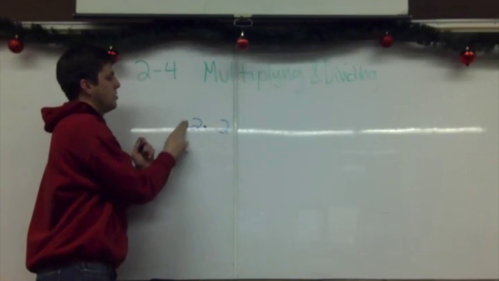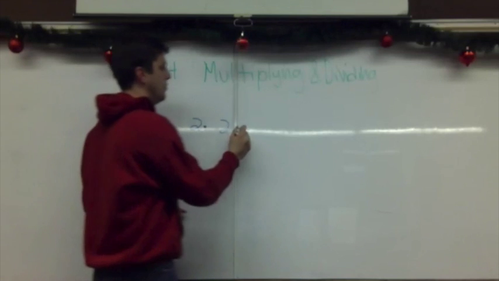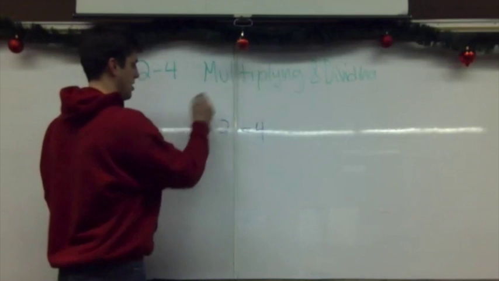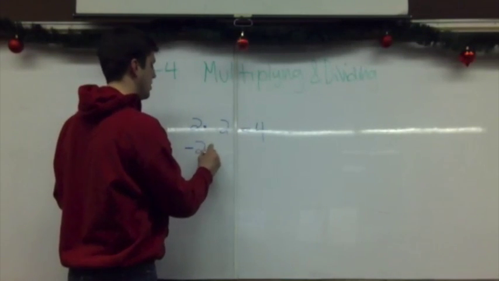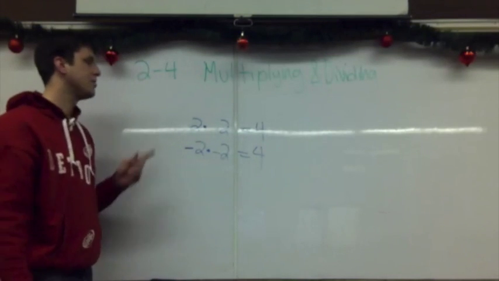So you can just erase them and make it 2 times 2, which is 4. Therefore, -2 times -2 equals 4. These are the same statements.